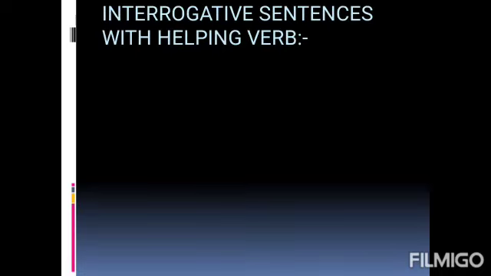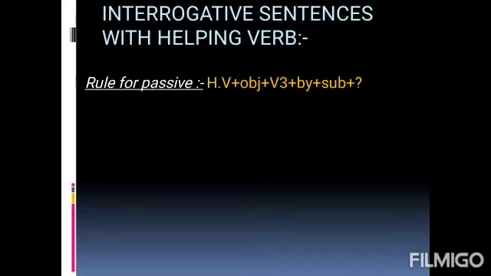So now we have another type of interrogative sentences, that is the sentences which begin with the helping verb. For the passive of sentences with helping verb interrogation, the rule says we will start the sentence with the helping verb, then object, followed by the third form of verb, by, then subject, then the mark of question.